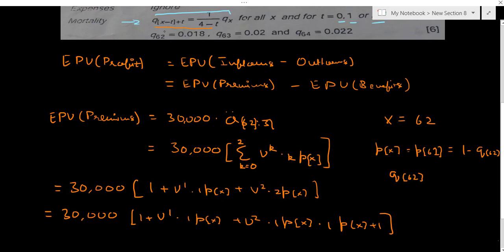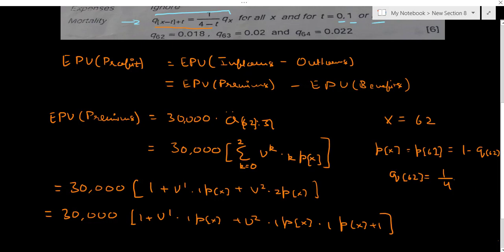Okay, it says that q of x minus t plus t is equal to 1 upon 4 minus t into qx. So this just becomes 1 upon 4 minus 0, since this is the same as 62 minus 0.